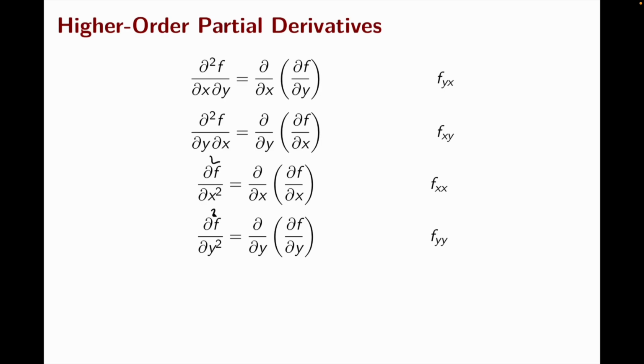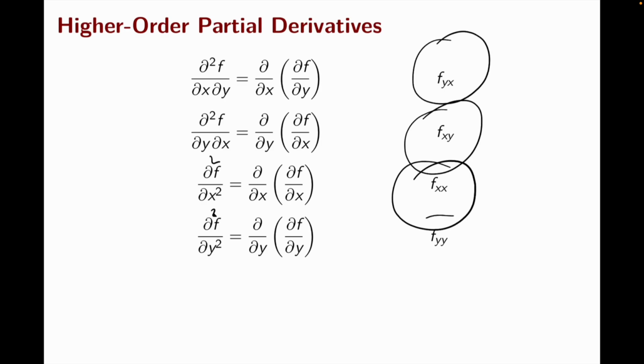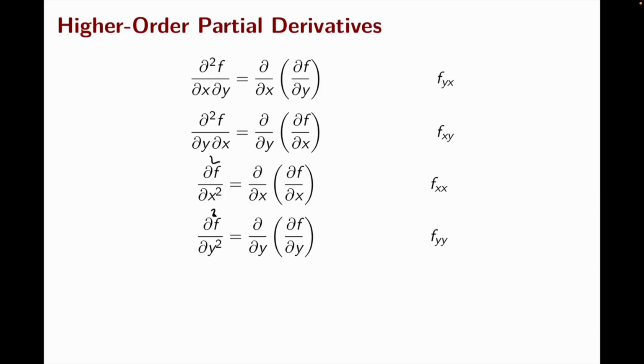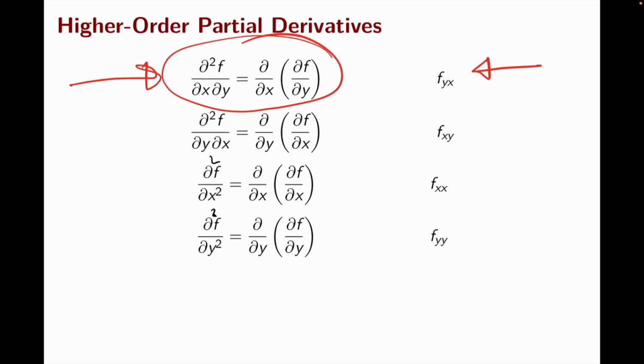One more thing, this is an alternative notation for this derivative that is also very common to use. It is very important to pay attention to the order here, since the order in which you write in this notation is different from the order in this notation. This one is saying that you do the derivative with respect to y first and then with respect to x.